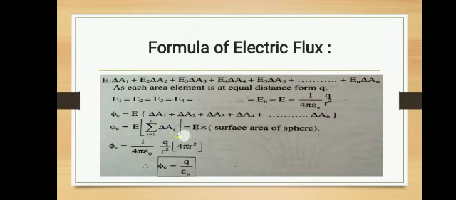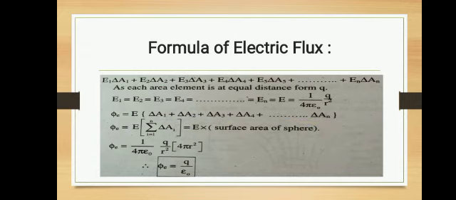This i represents the values 1 to n that would be put at the place of this i: delta A1, delta A2, delta A3 and delta An. So that's why we will write the summation sign in this case. In this way, i is equal to 1 to n, and we can read it as sum over i from 1 to n of delta Ai, and in place of i we will put all values one by one. For example, delta A1, A2, A3 and delta An and so on.